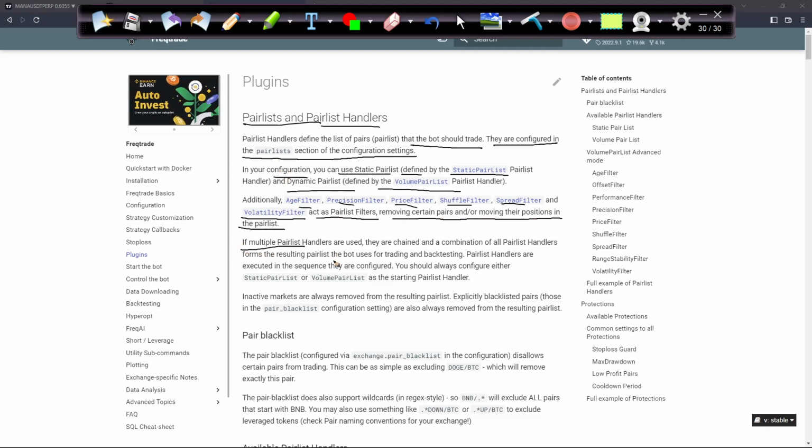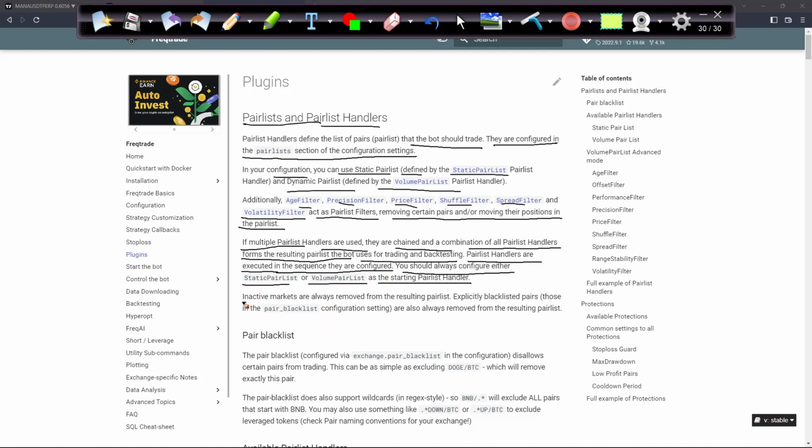If multiple pair list handlers are used, they are chained, and a combination of all pair list handlers forms the resulting pair list the bot uses for trading and backtesting. Pair list handlers are executed in the sequence they are configured. You should always configure either the static pair list or volume pair list as the starting pair list handler.